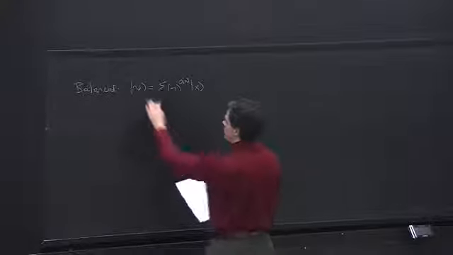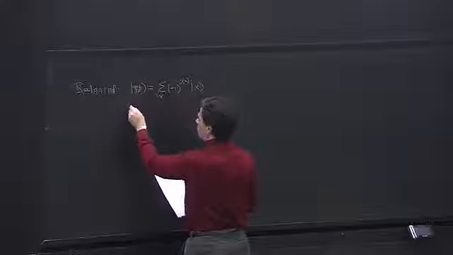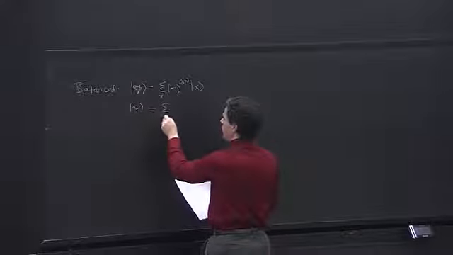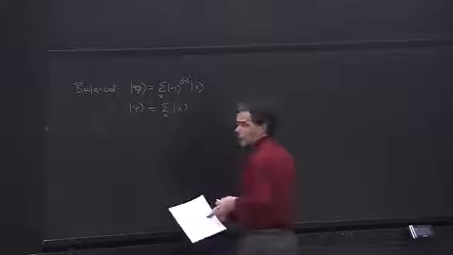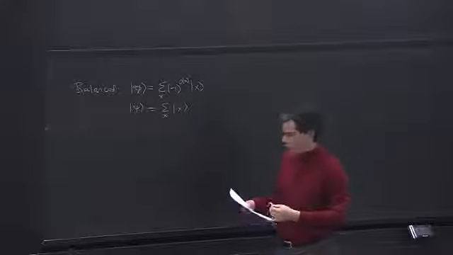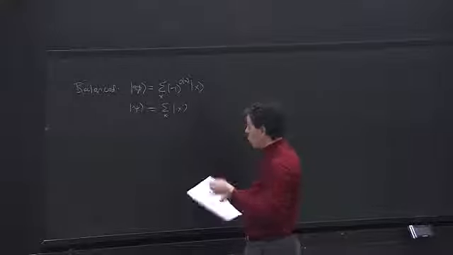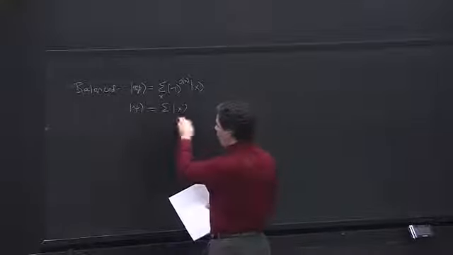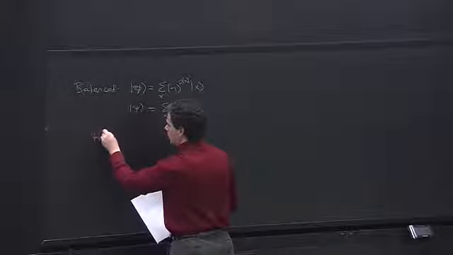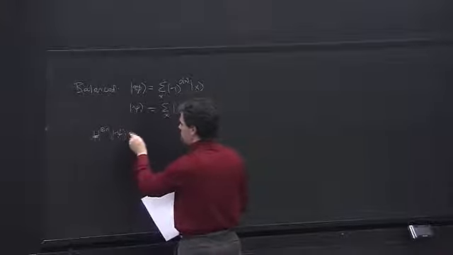Oh, I'm sorry, this one I was calling phi. And psi is the state sum over x of x. OK, so we know that the Hadamard applied to psi is all zeros.